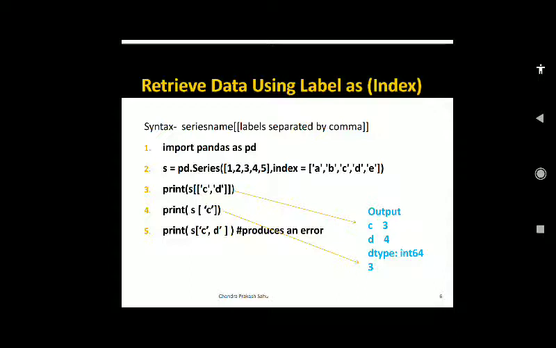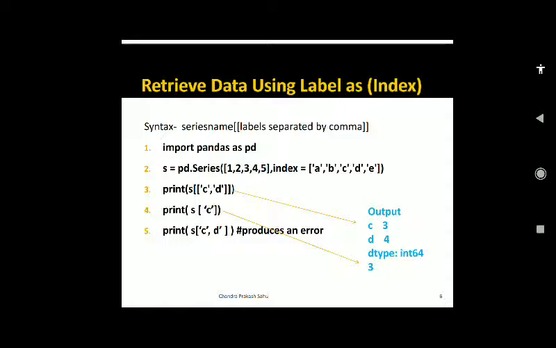In indexing, you are using the series name, square bracket, and inside the square bracket you are writing one index, or you are doing slicing. In labeling, you are writing the series name, two square brackets, opening square bracket, labels separated by comma, and two closing square brackets.